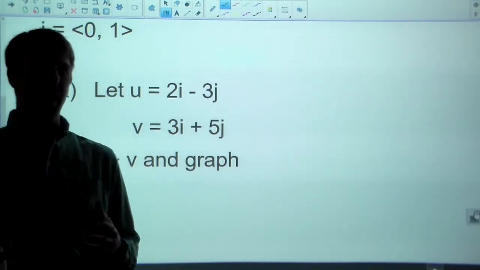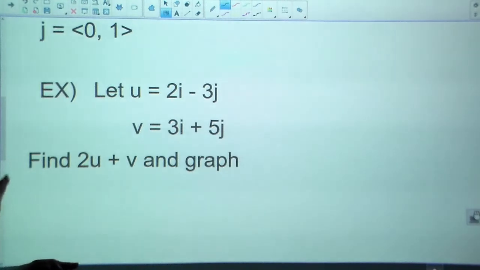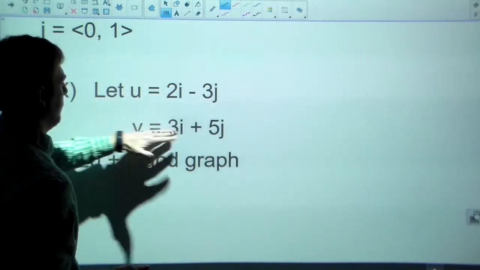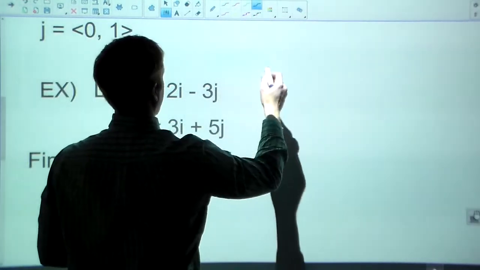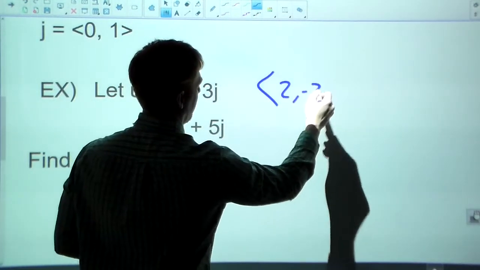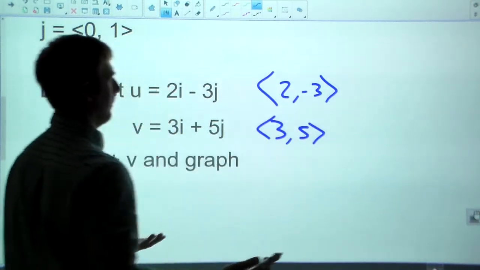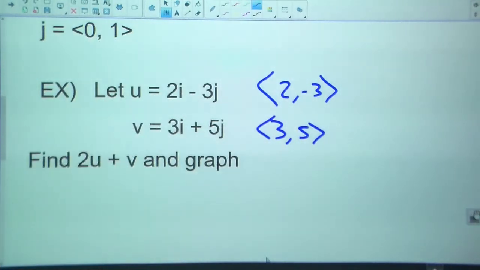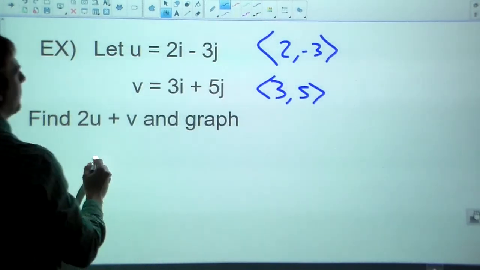So just to kind of see how it's a little bit easier to work with vectors in this form, let's just do an example. So I've got 2 new vectors, u and v. They're given in unit vector form. If I really wanted to, I could write these this way in component form, just so you see the similarity there. But I want to find 2u plus v.